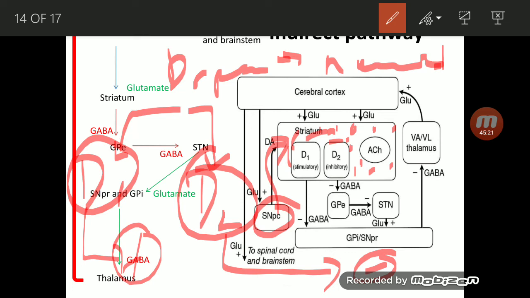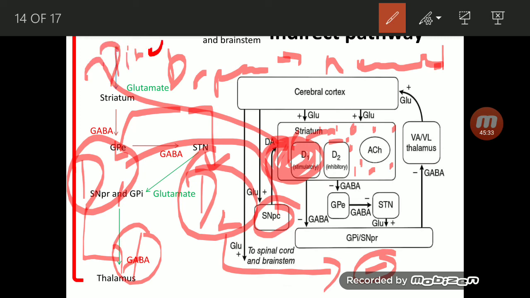The D1 receptor is found more in the areas where the direct pathway is associated, whereas D2, which is the inhibitory receptor, is generally found in larger amounts where the indirect pathway arises from your striatum.